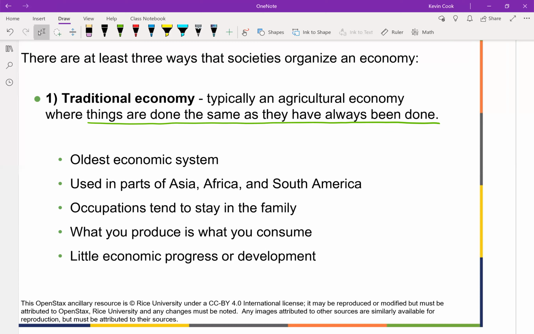Countries in Africa, say Liberia, South Africa, Kenya, they're regular economies. They have businesses and all that stuff. In South America, Brazil, Argentina, aren't necessarily. So you're saying, well, why do you say it's used in parts of these continents? And to that, I'm going to focus on Brazil. So in the Amazon rainforest, we have what are called uncontacted tribes.